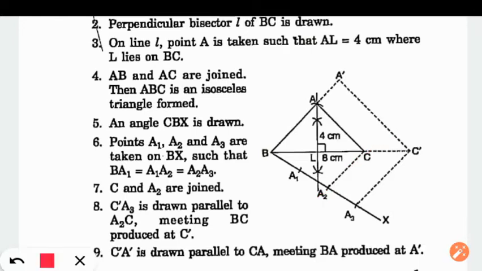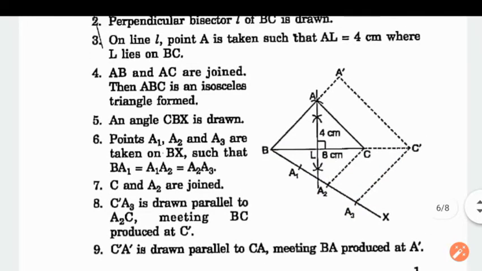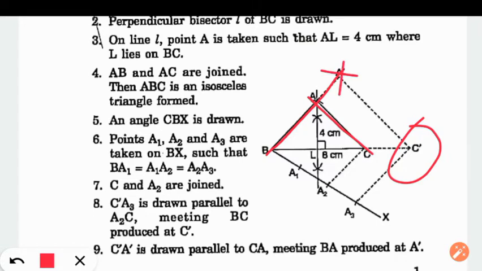So from A3 a line parallel to A2C is drawn which meets BC produced at the point C dash. Now again from the point C dash one line is drawn which is parallel to AC and which meets the produced BA at the point A dash.